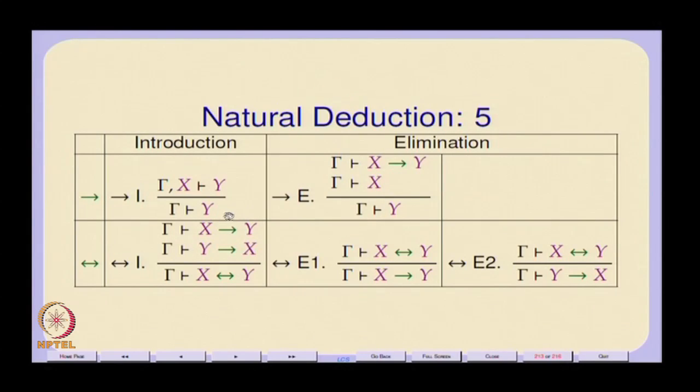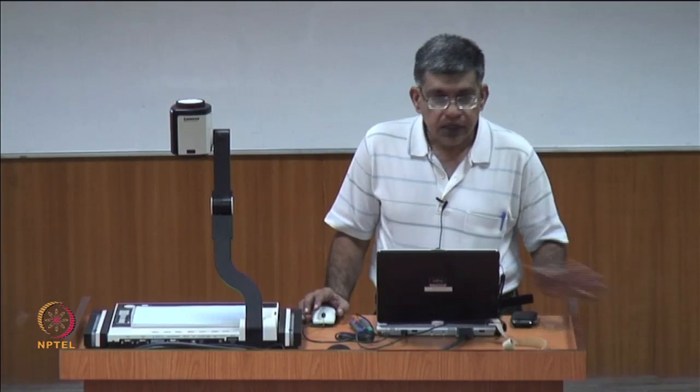I will correct that. Arrow elimination is just the modus ponens rule. And the biconditional introduction and elimination are just viewed as a conjunction of the arrow and its converse. So, these are all the things.